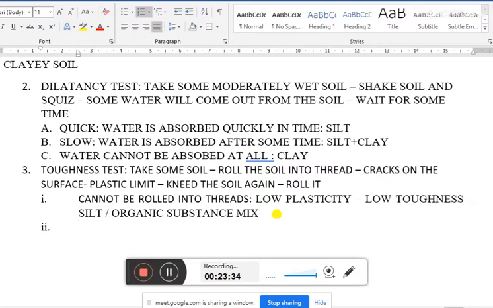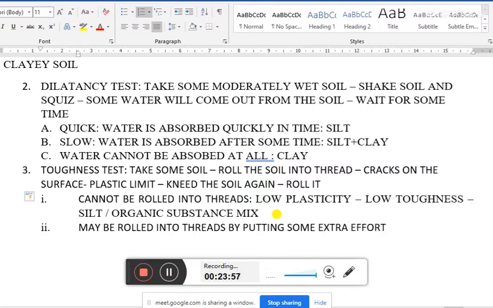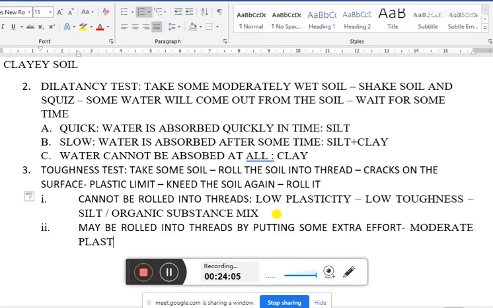Next, if the soil can be rolled into threads by putting some extra pressure or extra effort, then the soil has moderate plasticity and moderate toughness.